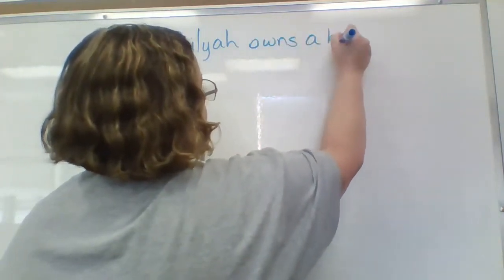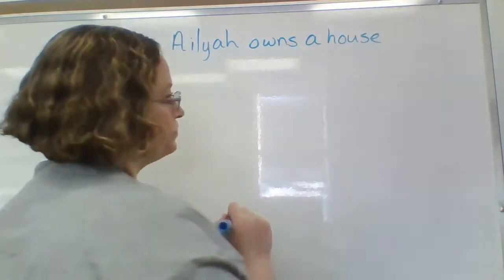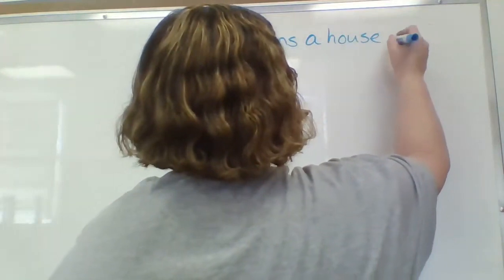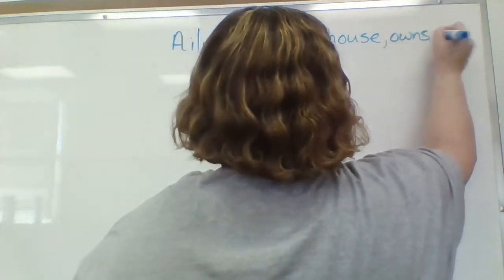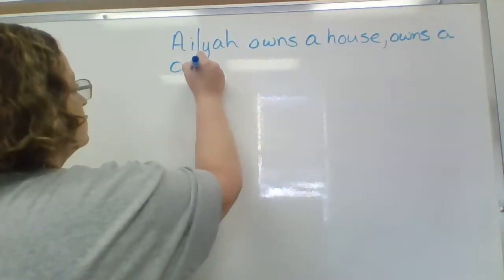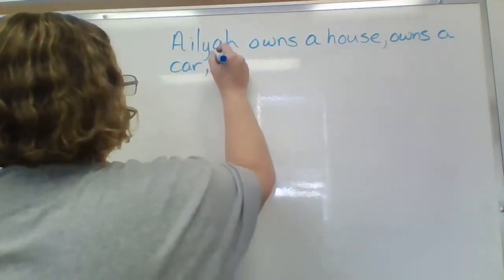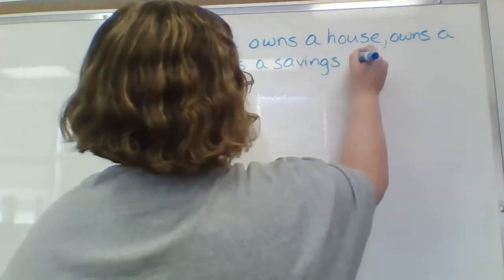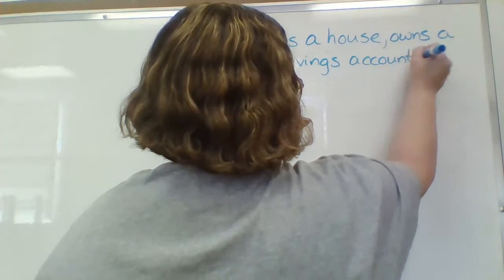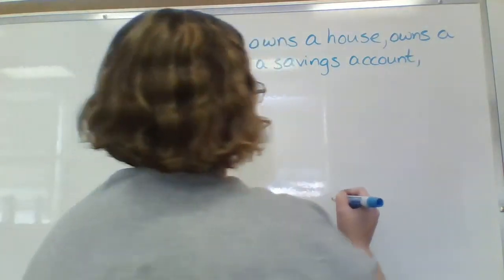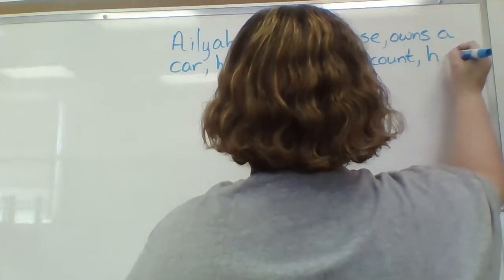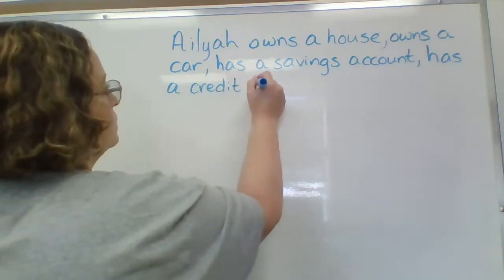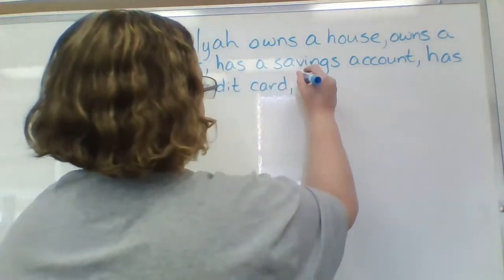Owns a house, owns a car, has a savings account, has a credit card, and has student loans.